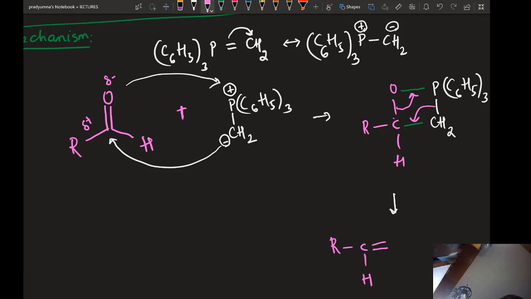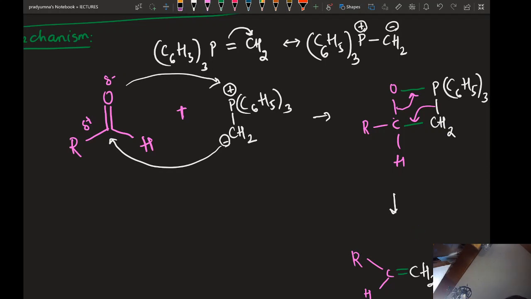Okay, this is not one of the prettiest pictures. Maybe let's make it pretty. Why not, right? R, C, H, double bond, CH2, right? And what would be on the other side? On the other side, you will have oxygen.